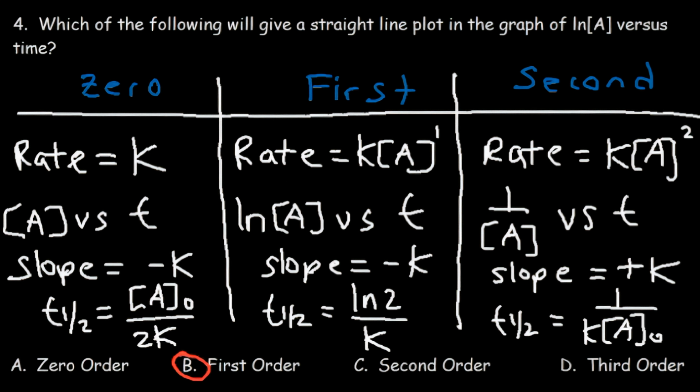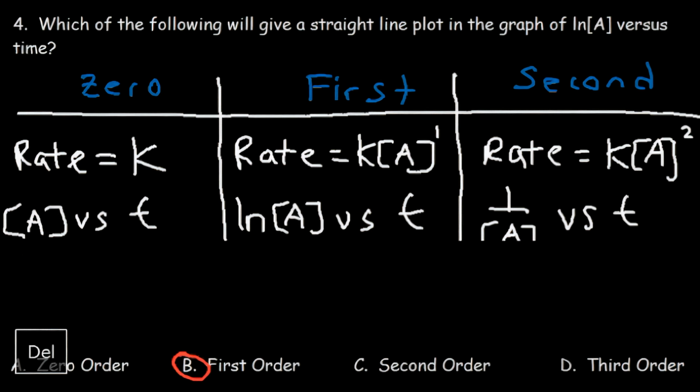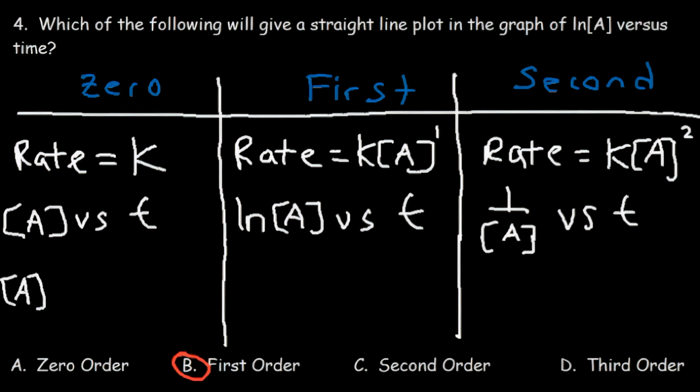Now there are some other things that you need to know in addition to that. And that is the straight line equation, which is in the form y equals mx plus b. So the straight line equation for a zero order reaction is A final is equal to KT plus A initial.